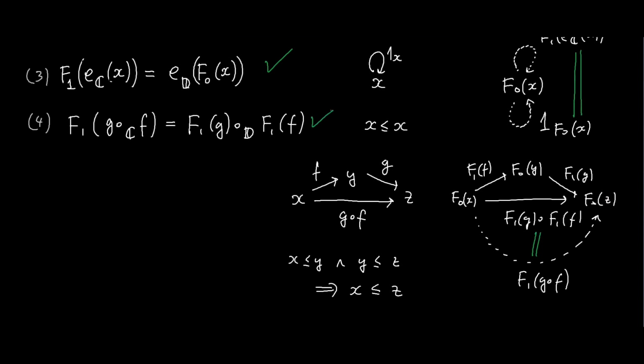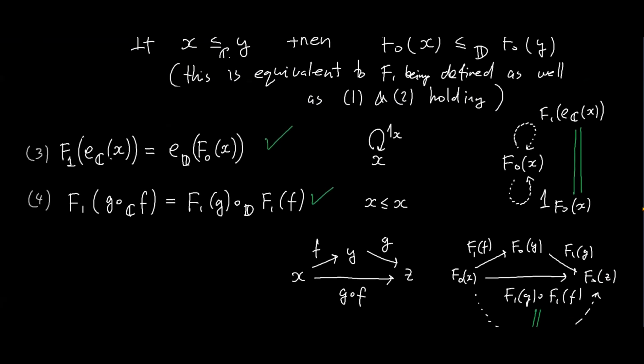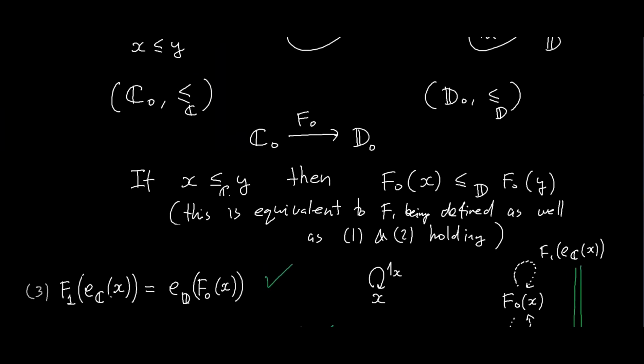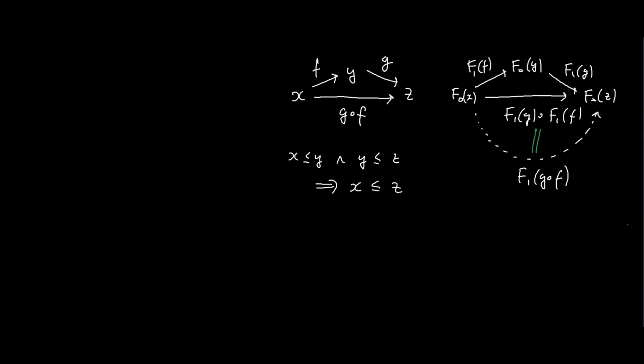So it's quite remarkable that in the case of preorders, the entire complex concept of a functor reduces to something very simple. It just reduces to a monotone map, right? A map that preserves the order. So this becomes then the axiom that defines the functor. So let's write this out.